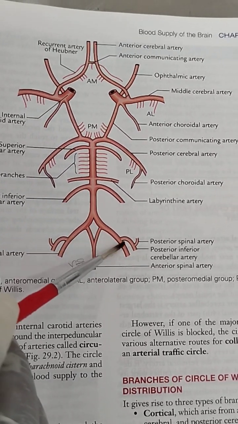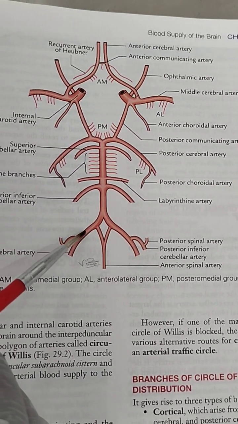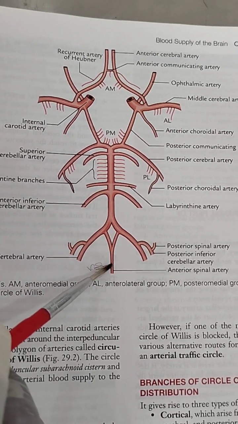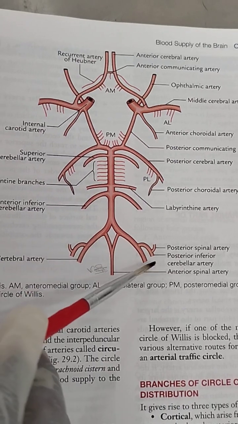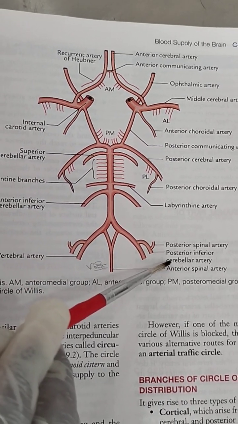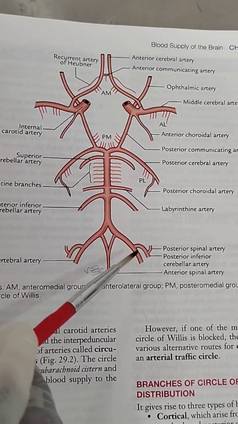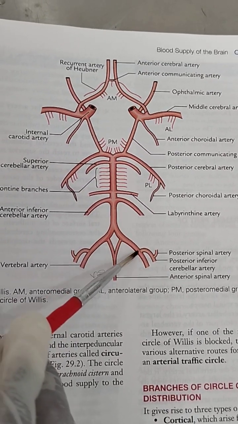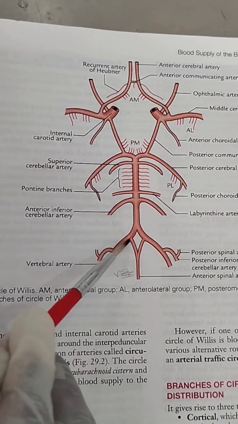So the vertebral arteries give three sets of branches, supplying the spinal cord, the medulla oblongata, and the cerebellum. The lower half of the cerebellum is also supplied by the vertebral artery branches.